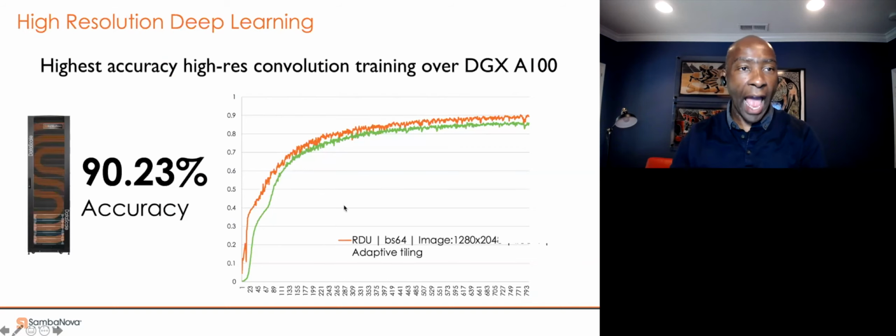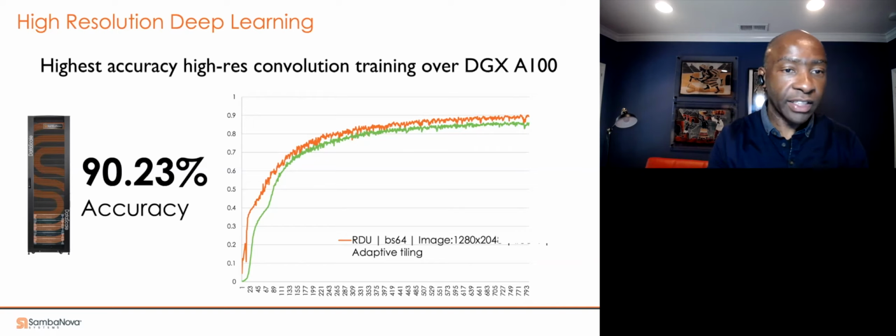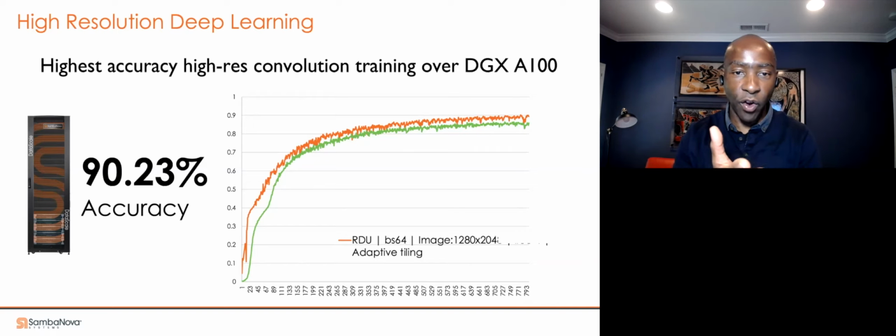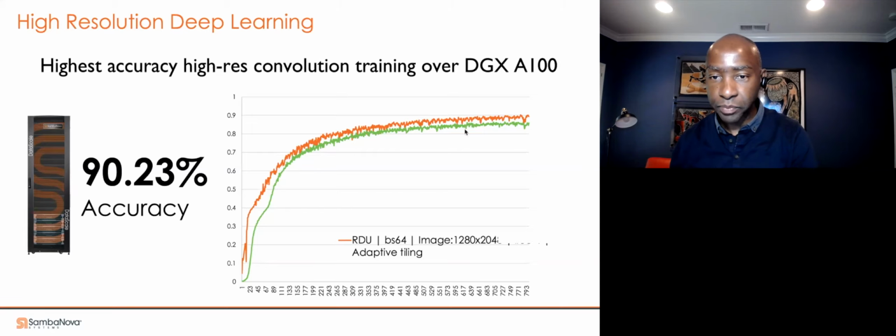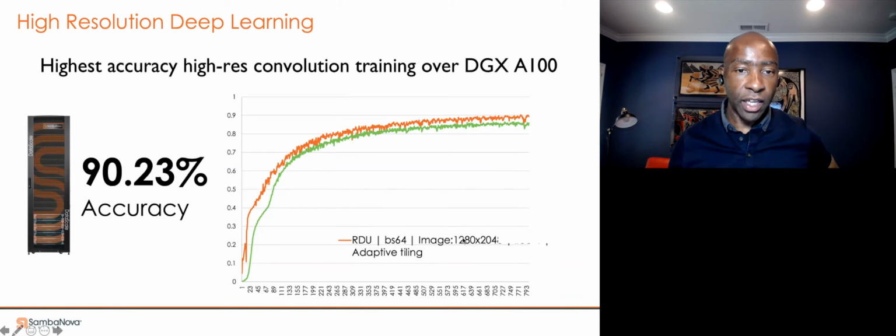And this has real impact on the accuracy that you get, right? So this just shows that by going to an image which is 4 times as big, we get higher accuracy on the RDU, right?